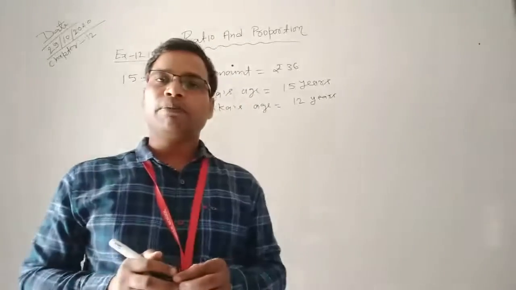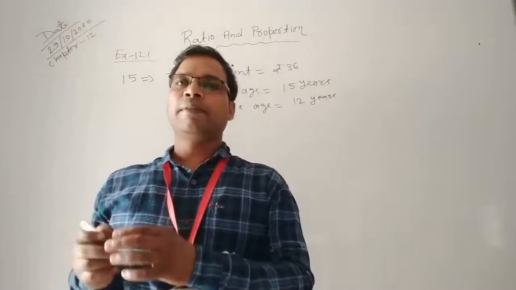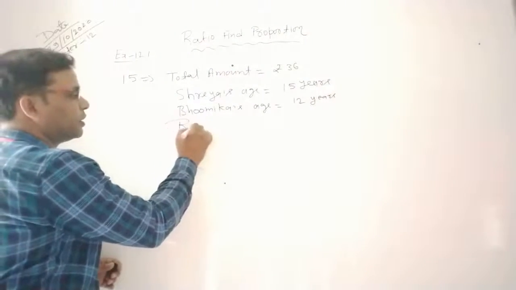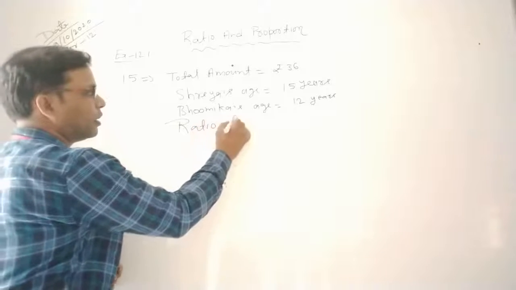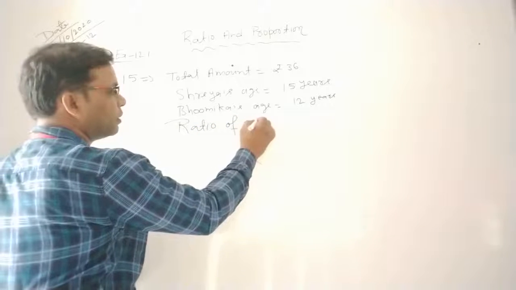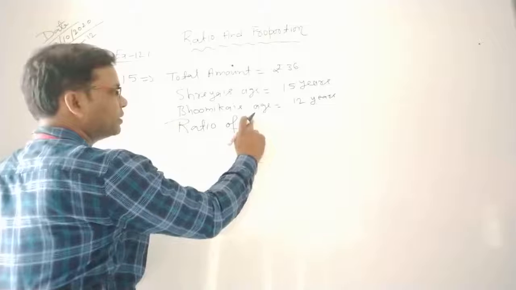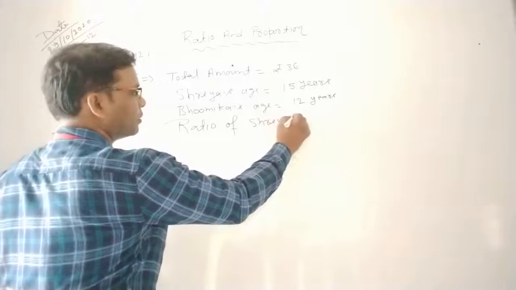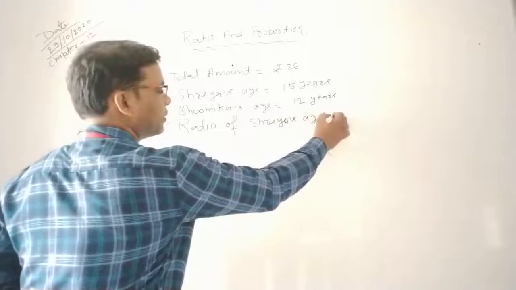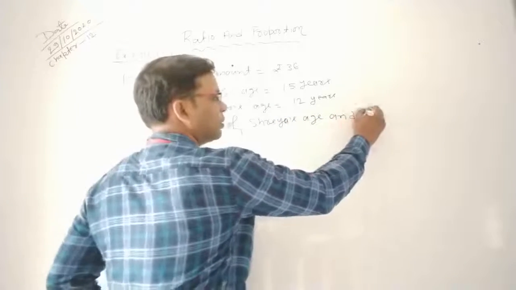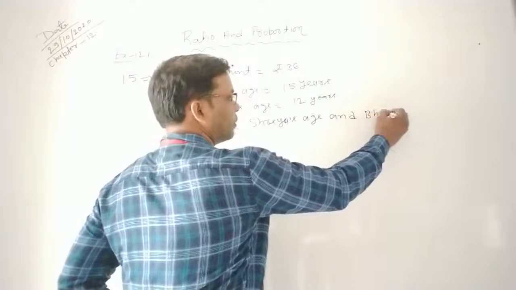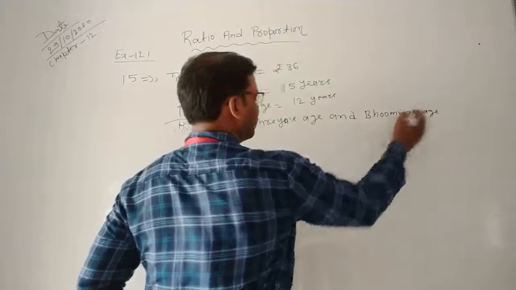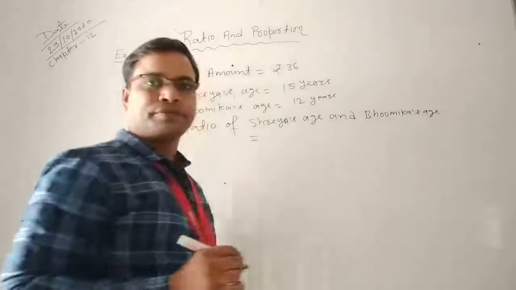So we find the ratio of age of Shreya and age of Bhumika. So here ratio of Shreya age and Bhumika age is equal to what?